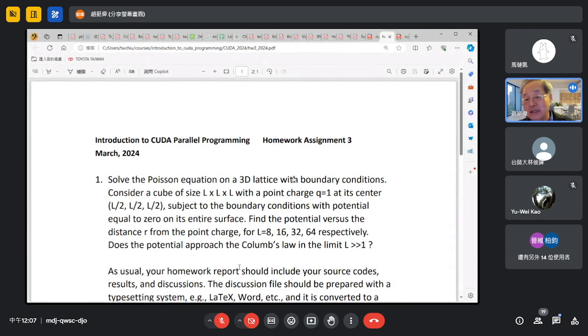So the point is not such a one-site difference. The real question is: when L goes to very large, does it go to the Coulomb's law limit?